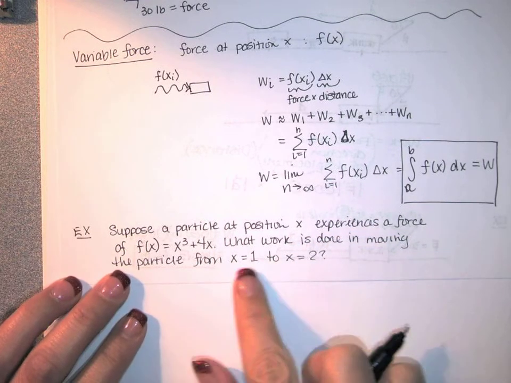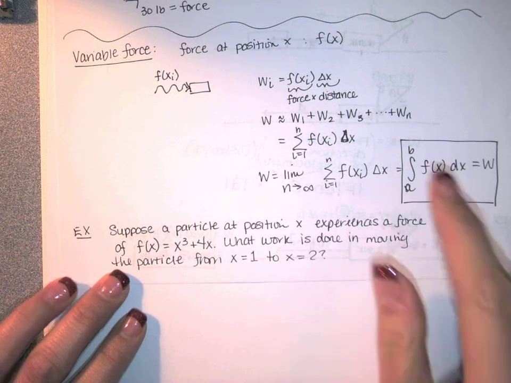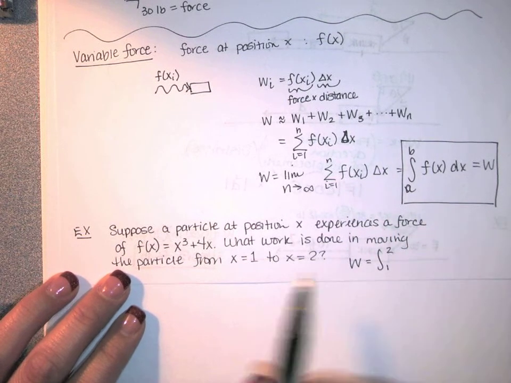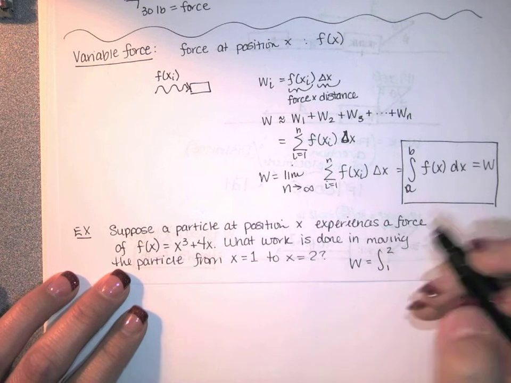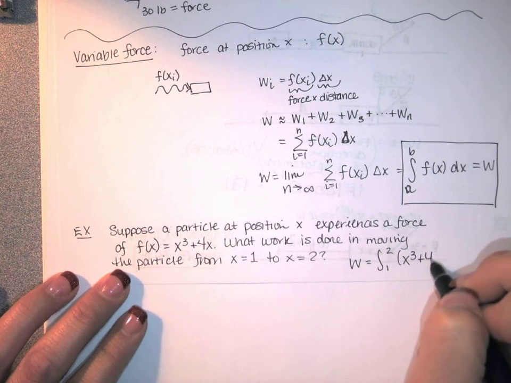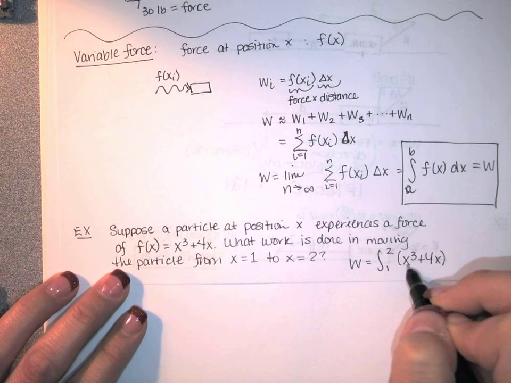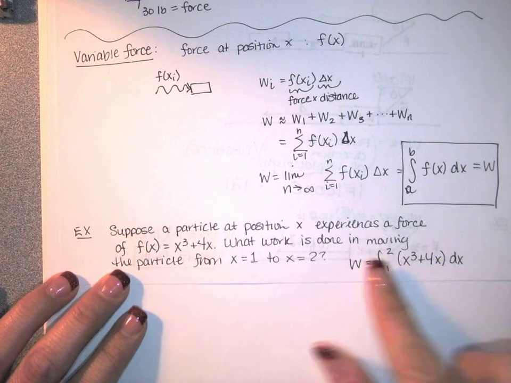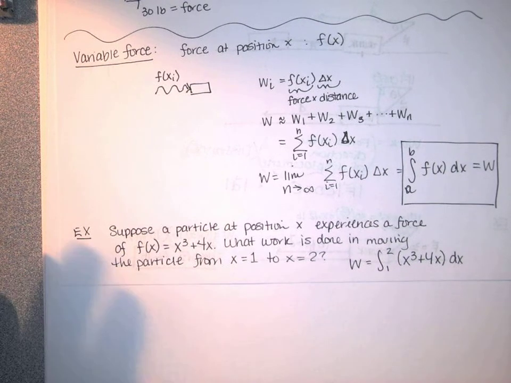Well, I think we know we're going to start at x equals 1, we're going to end at x equals 2. So we've got that. The force acting at x is x cubed plus 4x. We're taking that force and we're multiplying it by a displacement, delta x. So if I can evaluate this integral, I can find the work done. Very simple.